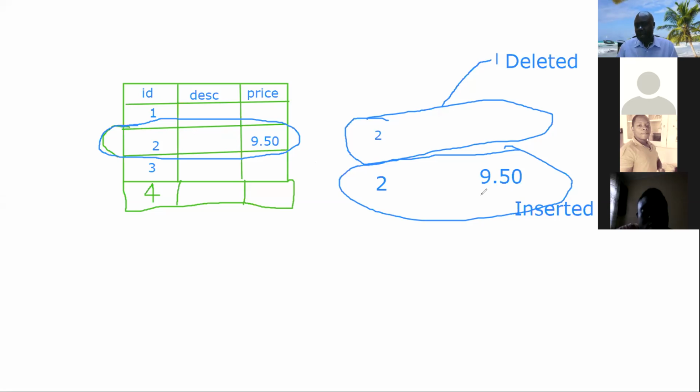So what is here is going to be identical to what is there. But when you are deleting, the row is just going to be removed and placed in this table. There won't be a similar row here and there. Are we together? Yes, sir. Okay, so that's what I mean.